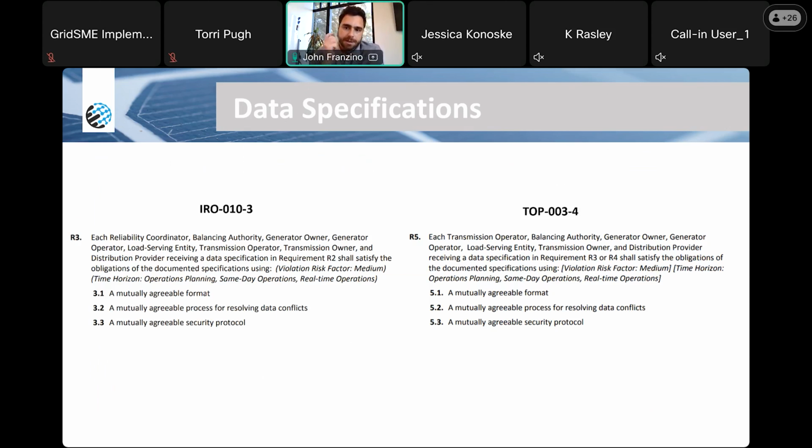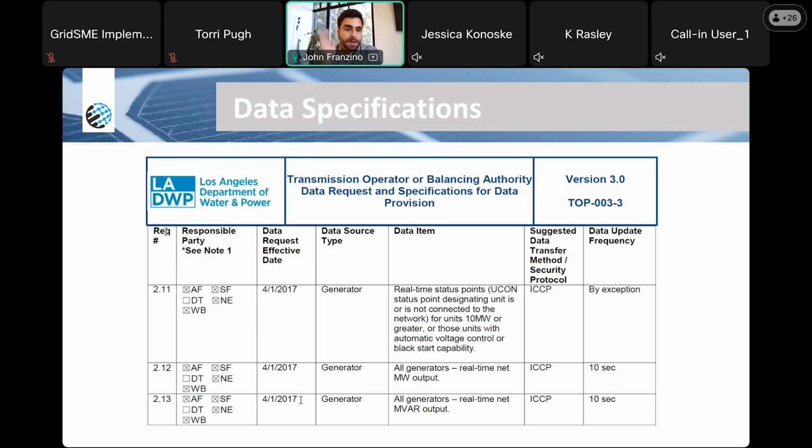So these data specifications are usually all the time publicly available. If you're not sure what they are, you can always reach out and contact your associated TOP and RC. But these are things like, here's an example from LADWP, right? The types of information that they require from the facility, as well as the data transfer type.